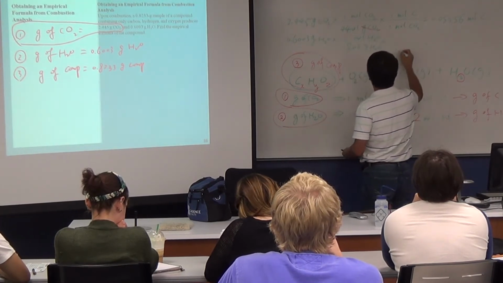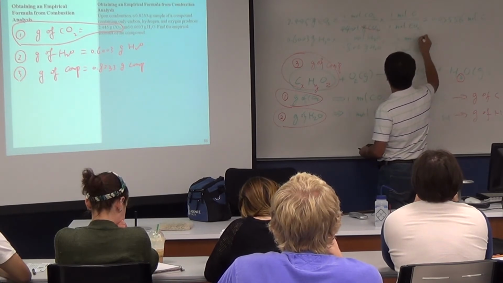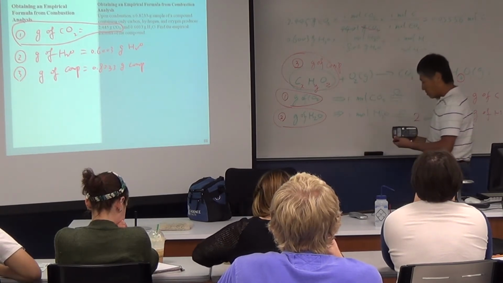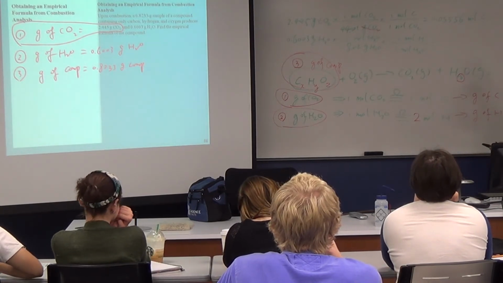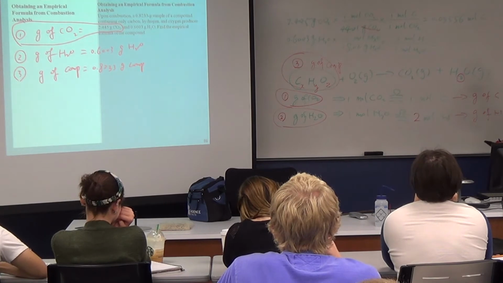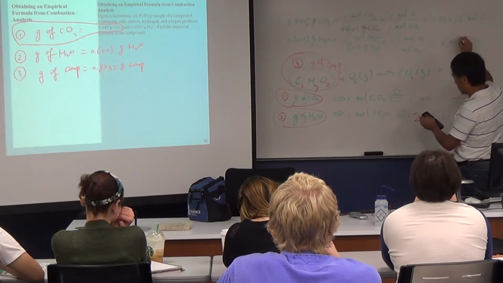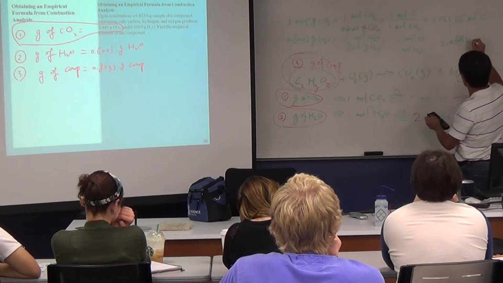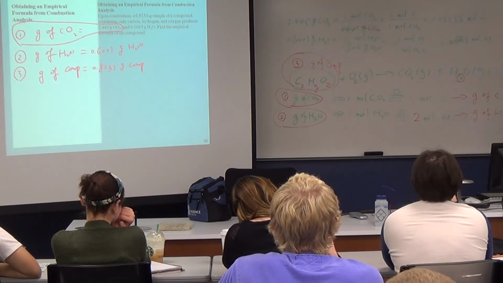And then for every 1 mole of H2O, there are 2 mole of H. Let's see what we get. 0.6003 divided by 18.02 times 2. And you get 0.06663 mole of H. Any question about these two calculations?